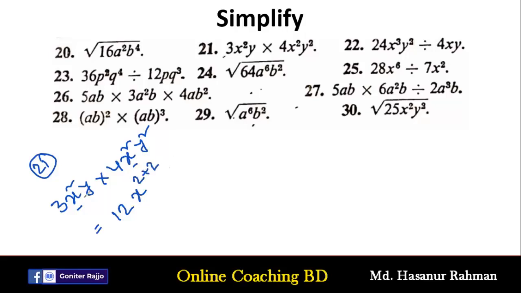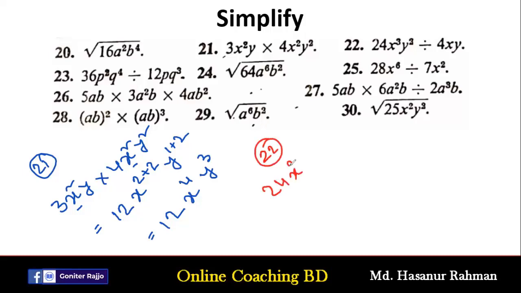And look at this, the bases are the same, so we have to add the power of y. So y to the power 1 plus 2. So the final answer will be 12 x to the power 2 plus 2, that is 4, y to the power 1 plus 2, that is 3. Simple. Now 22. 22 says 24 x cube y square divided by 4xy.